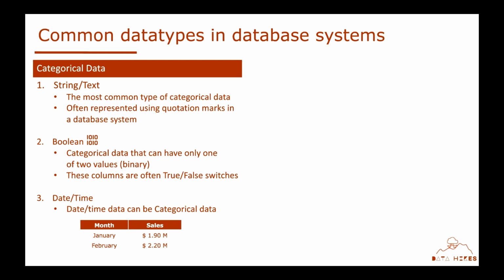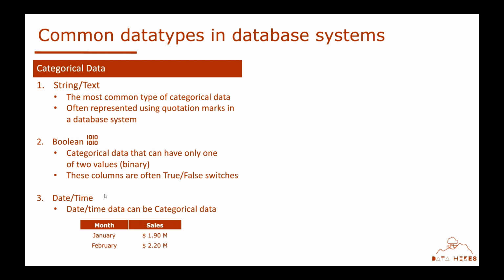That can be a column name, and the values can just be true or false for that. So if a building is full, it will be true because this building is at capacity now. And if it is false, the building still has some space in it. So it can have only two values, hence it is Boolean.